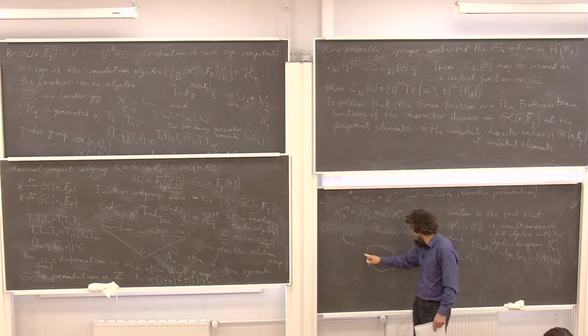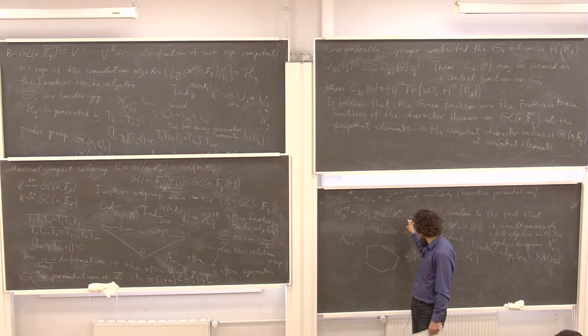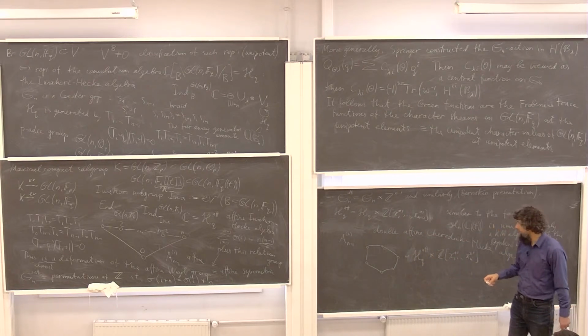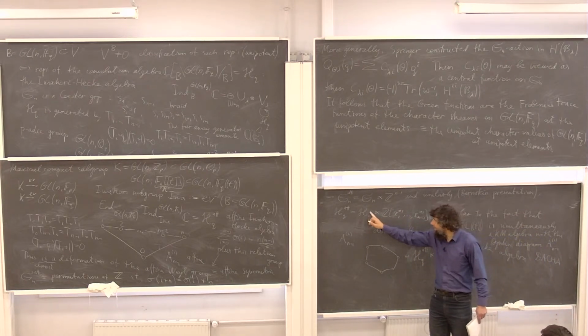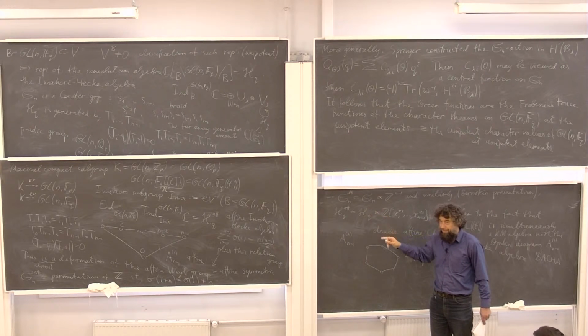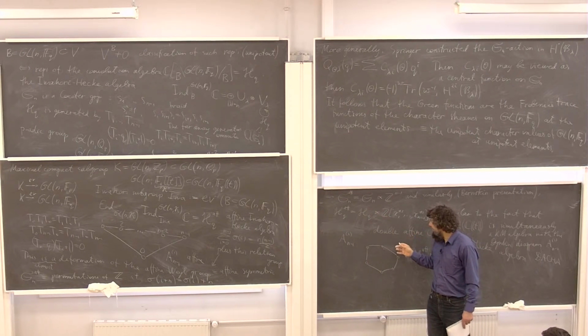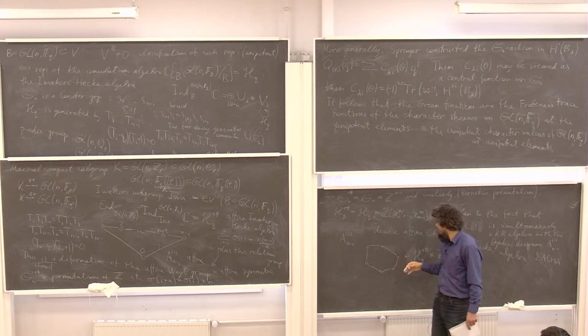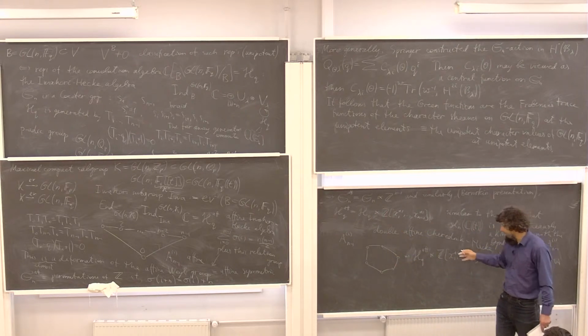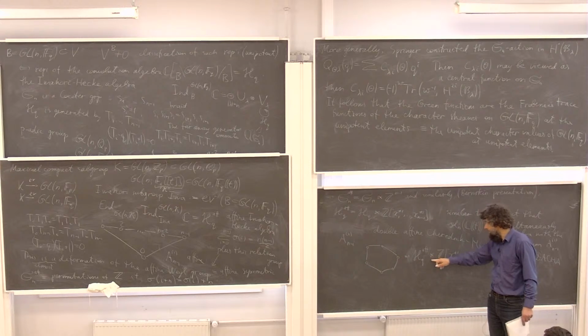So to each vertex here, you assign one variable, and I didn't specify this action, this representation, but there is a way to define it via Demazure operators, and then literally the same construction gives you this.